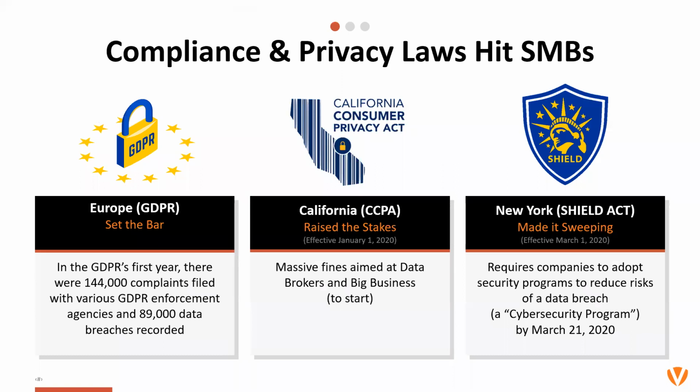It started with the GDPR in Europe, which was the first entry into making compliance mandatory, and now it's here in every state. California and New York, listed here, set the bar high in the States by requiring even small businesses to have insights into what their employees are doing and on reporting breaches. So cybersecurity is no longer a nice to have. It's mandatory, and it's something that businesses are required to do.